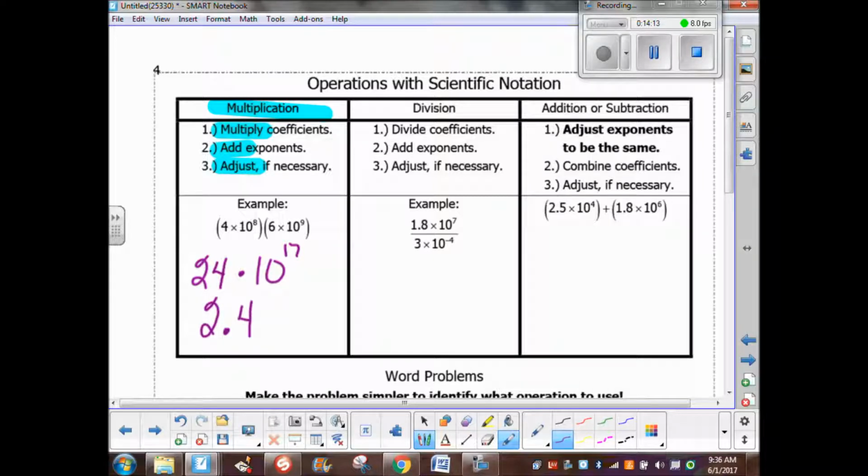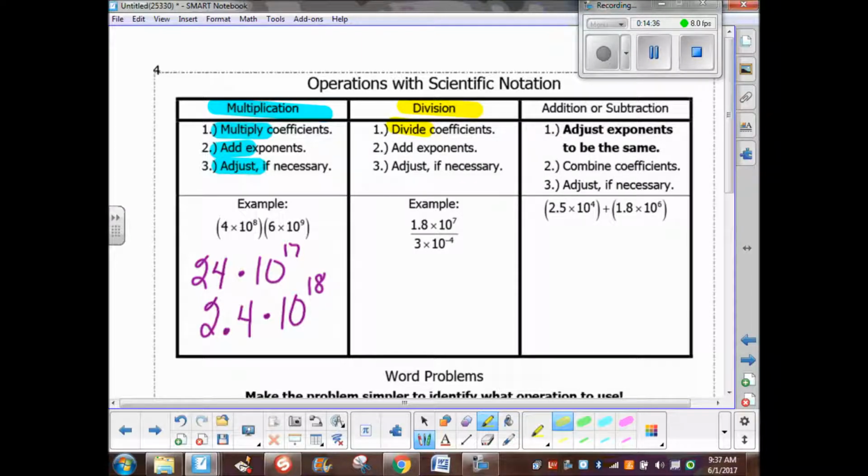Is 24 bigger than 2.4? It's bigger. So what do I need to make my 17? Bigger. By how many? 1. So 18. Division.